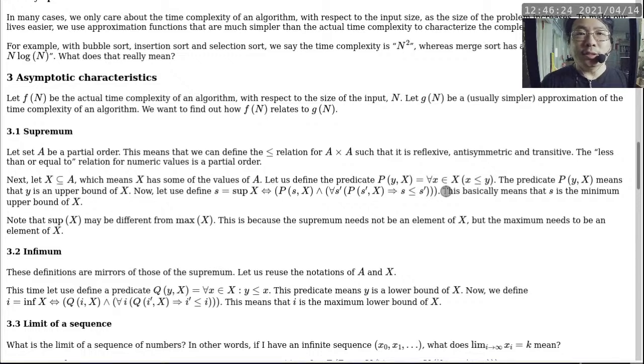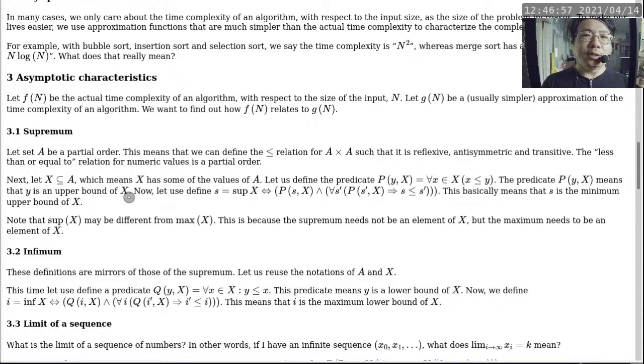The next sentence actually summarizes it in English. It says the predicate P of y, X means y is an upper bound of X. Oh, why didn't you just say that? Well, because I like to use quantified statements. If I just say that y is the upper bound of X, there can be different interpretations, because the word upper bound can be understood slightly differently by different people.